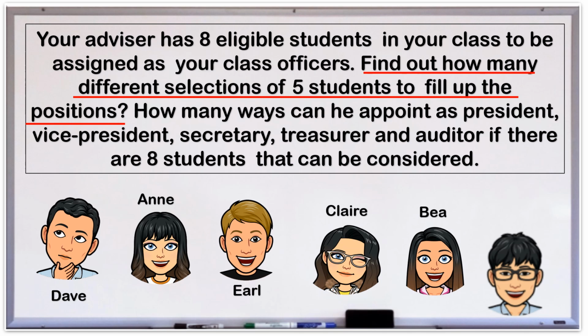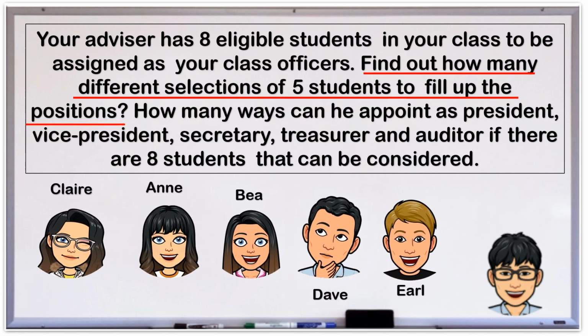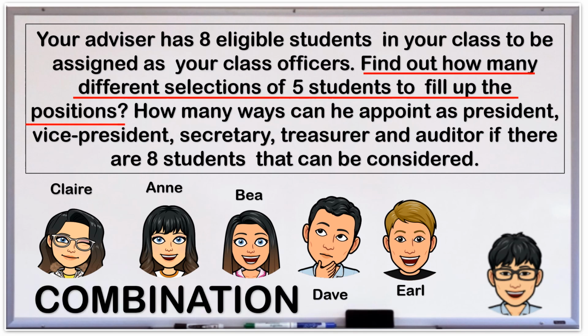This selection is also the same as Claire, Ann, Bea, Dave, and Earl. Kahit sino pa ang mauna sa mga piniling ito, still hindi nagbabago kung sino-sino ang pinili. At ito ay isang halimbawa ng tinatawag nating combination.